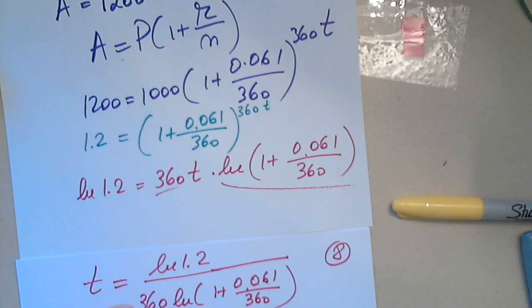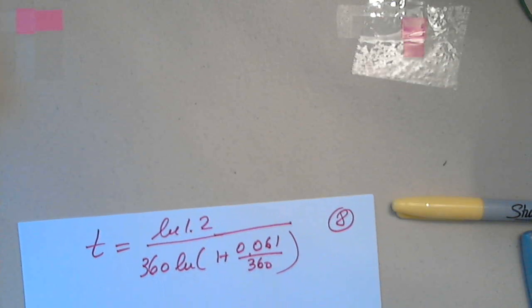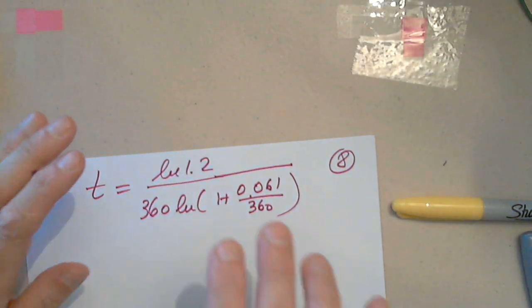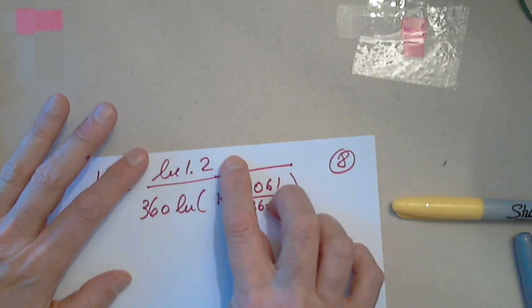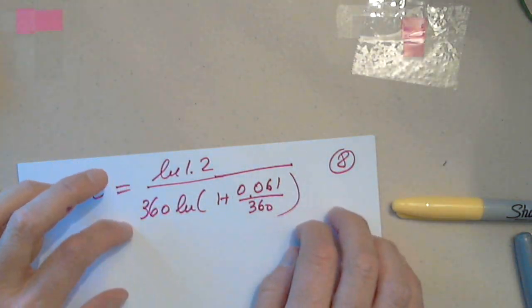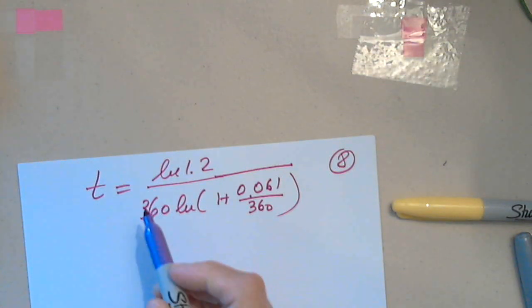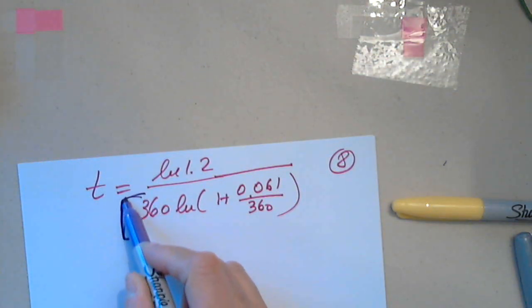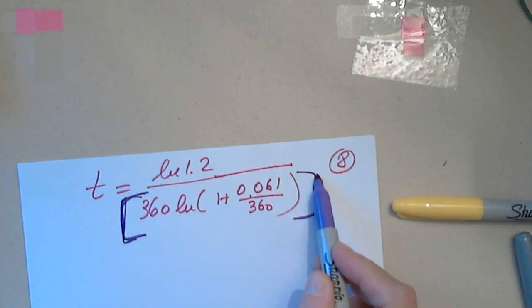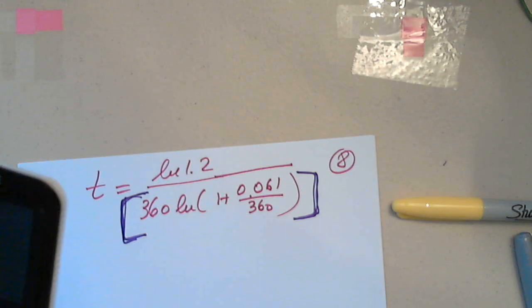So let's plug it in the graphing calculator now. Be very careful how you plug it in. The numerator is just one term, it does not need parentheses. But the denominator needs all the parentheses. I need a parenthesis here, not a bracket, just for plugging in the graphing calculator.